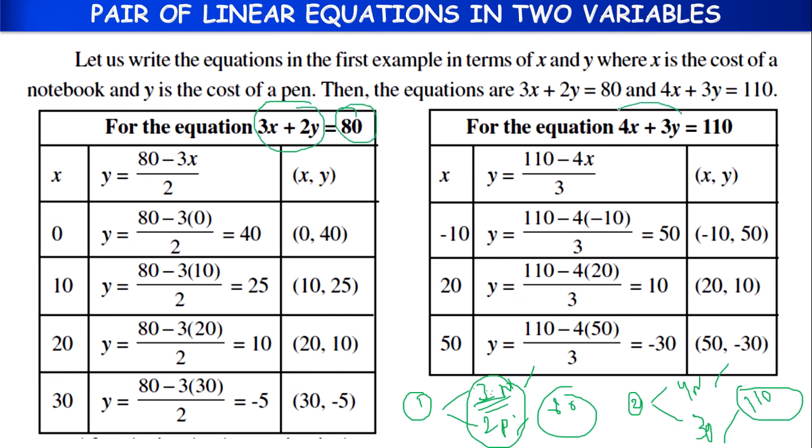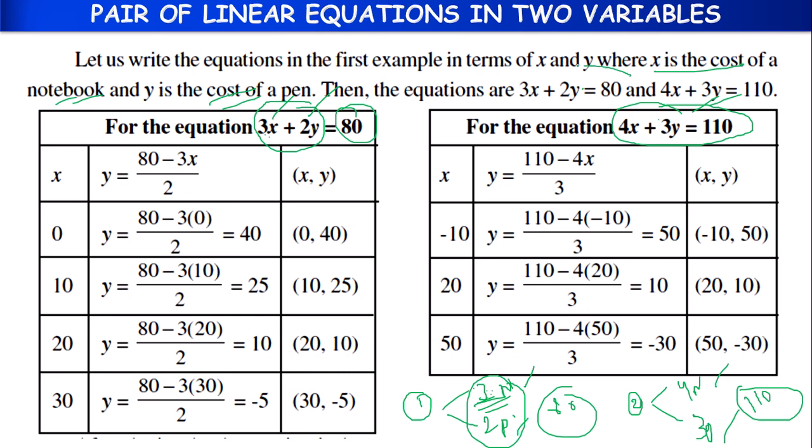Here 4X plus 3Y, total amount is 110. So we have 2 situations defined in 2 variables, X and Y, where X is the cost of a notebook and Y is the cost of a pen.